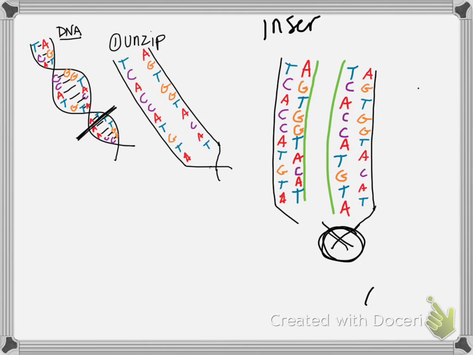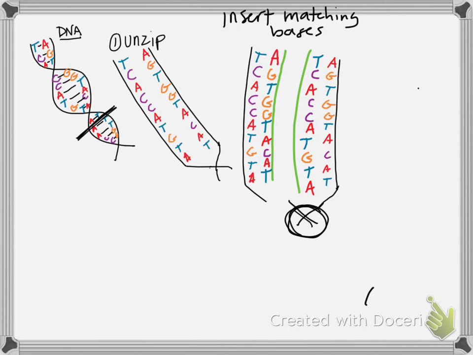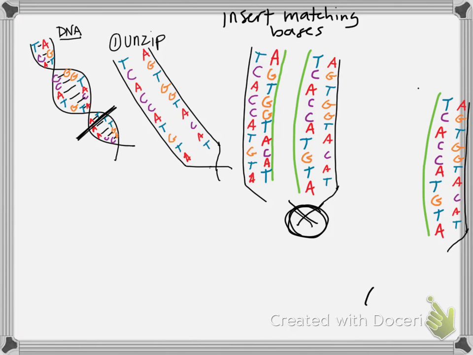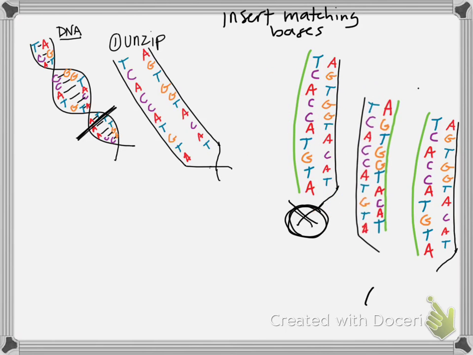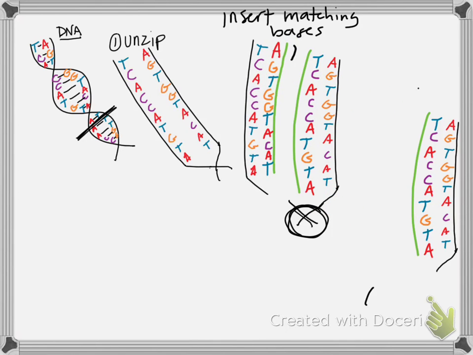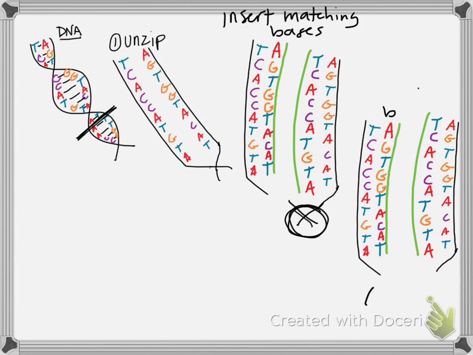We insert matching bases. And what we end up with then are actually 2 new strands of DNA that are identical to the first strands. 2 new strands of DNA that are identical to the old strands.